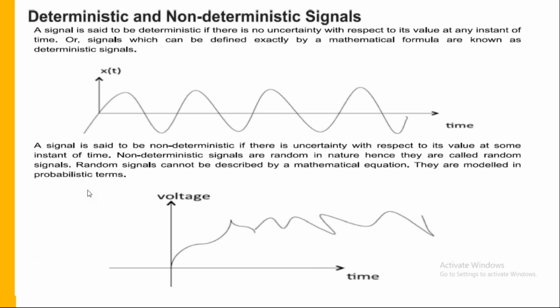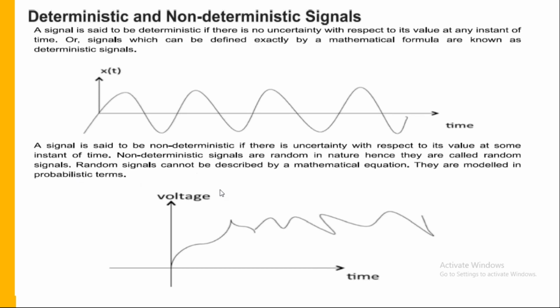Now try to understand. A signal is said to be non-deterministic if there is uncertainty with respect to its value at any instant of time. Non-deterministic signals are random in nature, hence they are called random signals. Try to understand, non-deterministic signals can also be called random signals.